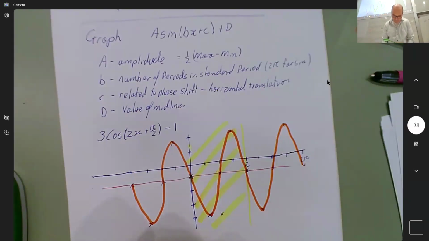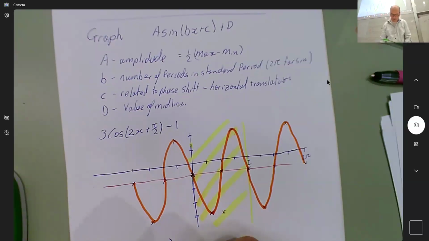So this could be written as 3 sine 2x, and then -1. So these two are equivalent. Forgot a little thing. Yep, that works.